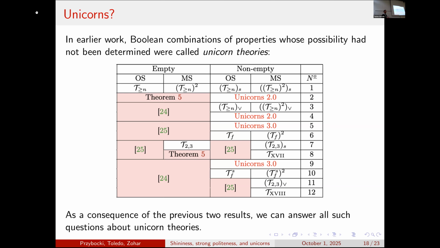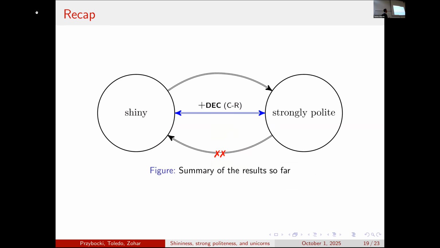So this is just a cute way of saying that for every grid on this table, we now have an answer as to whether we now either have a red box, meaning a negative result, saying it doesn't exist, or we have something like this, giving an example of a theory satisfying some Boolean combination of properties. Okay, so just to recap, so the shininess, strong politeness, Casal and Haska show that these are equivalent modulo decidability. We show that without decidability, shininess implies strong politeness, although the converse does not hold.